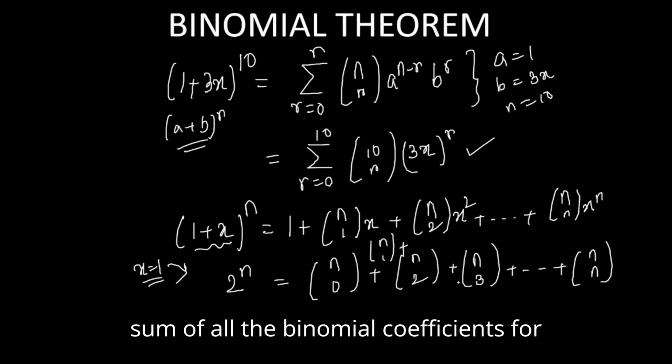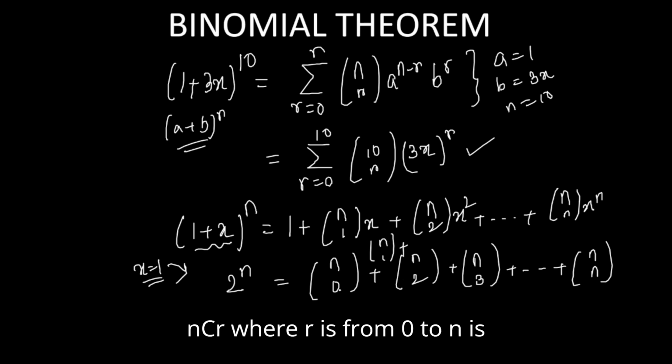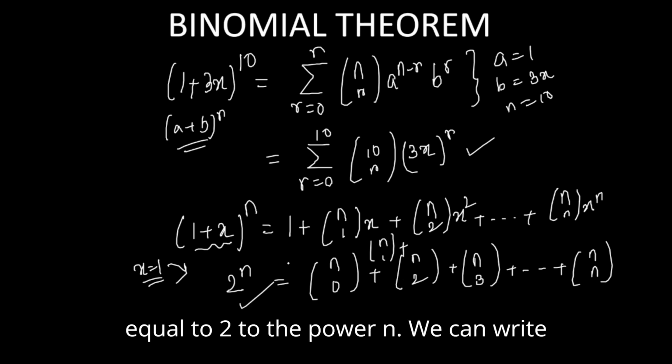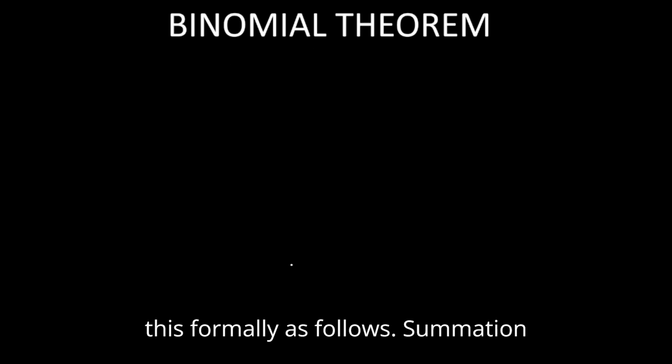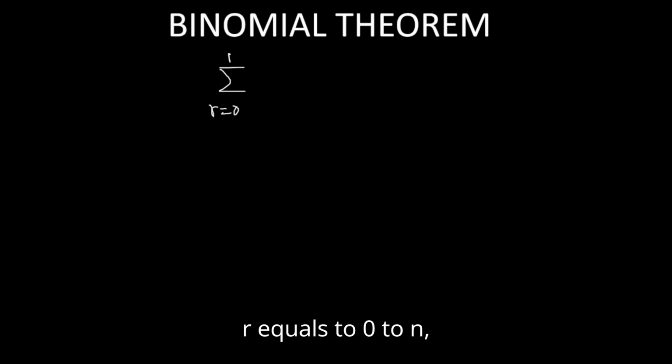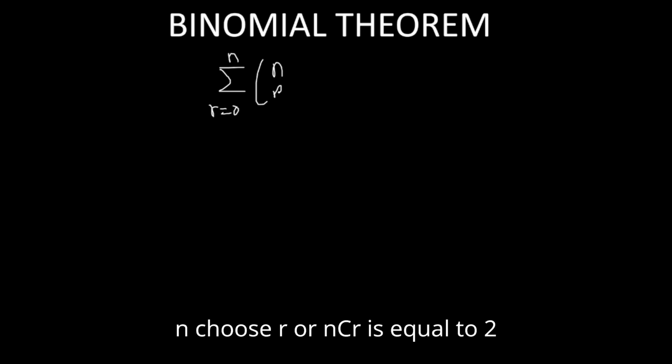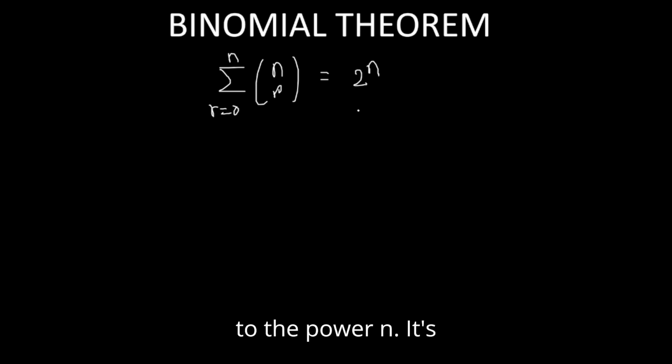So the sum of all the binomial coefficients nCr, where r is from 0 to n, is equal to 2 to the power n. We can write this formally as follows: summation r equals 0 to n, n choose r, is equal to 2 to the power n.